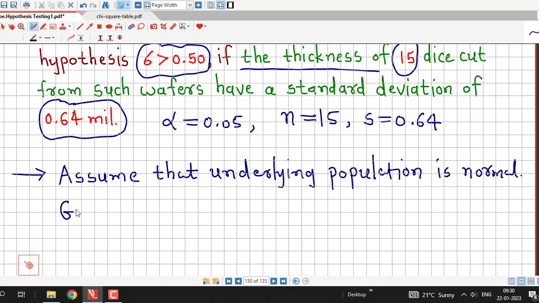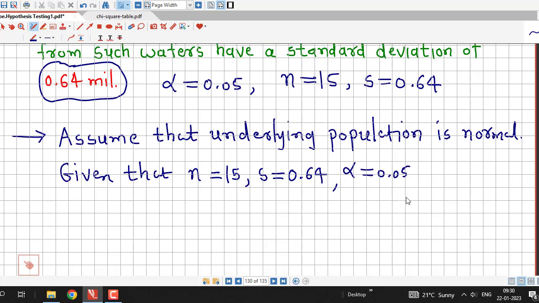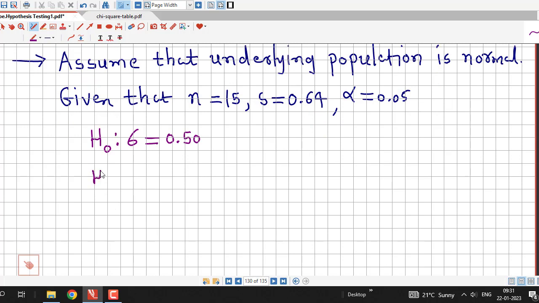Here we can write down whatever is given: they are considering a sample of 15 dice and sample standard deviation is 0.64, alpha is 0.05, and null hypothesis is also given. Null hypothesis H naught is population standard deviation is 0.50, and alternative hypothesis is population standard deviation is greater than 0.50.